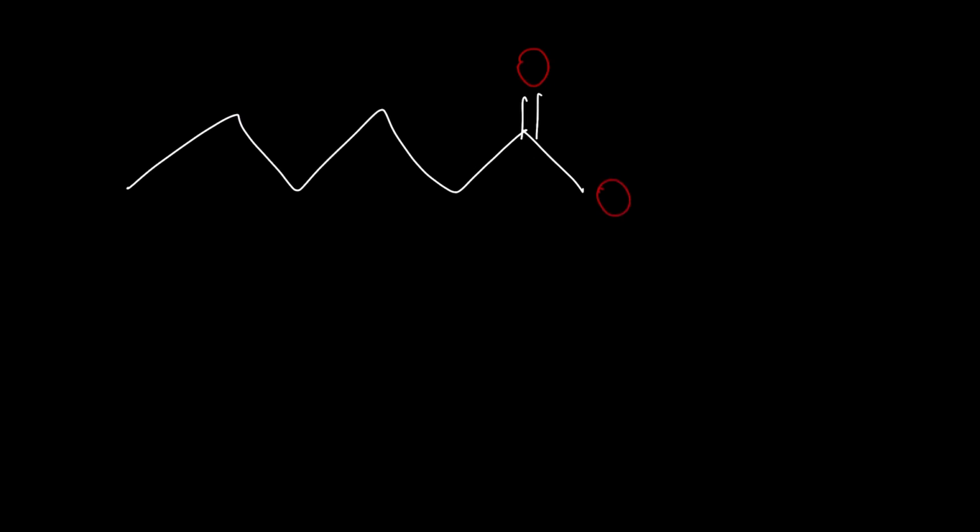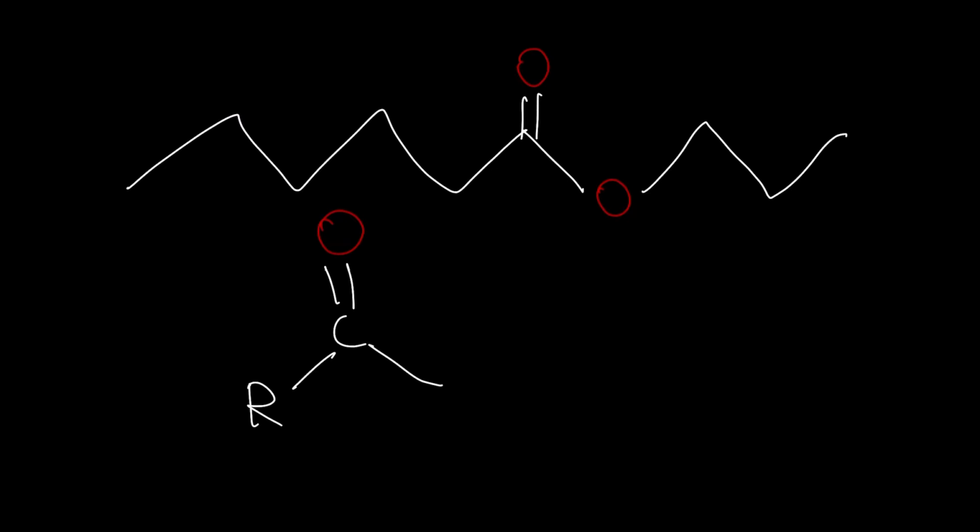Now let's talk about this functional group. Whenever you have this situation where you have an oxygen double bonded to a carbon, and then this carbon attaches to R, which is either a carbon or a hydrogen, and then it also attaches to an oxygen which attaches to other carbons.